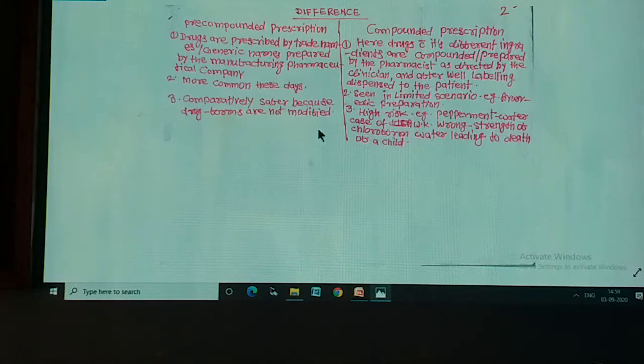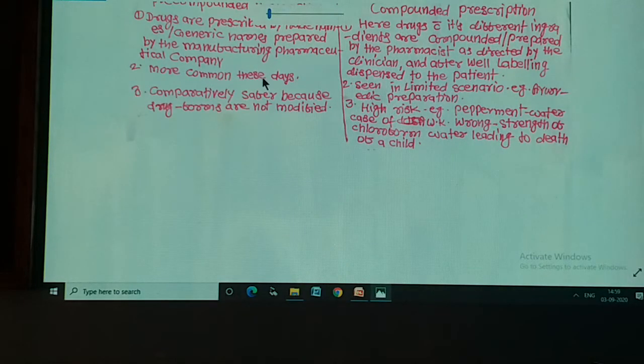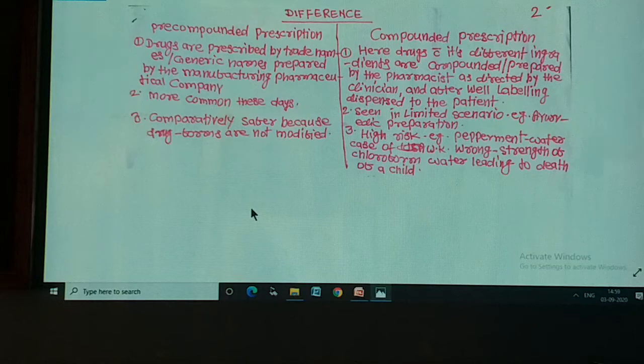Difference between pre-compounded prescription and compounded prescription: in pre-compounded prescription, drugs are described by trade name or generic name and prepared by the manufacturing pharmaceutical company. But in compounded prescription, drugs with different ingredients are compounded or prepared by the pharmacist as directed by the clinician and, after well labeling, dispensed to the patient.